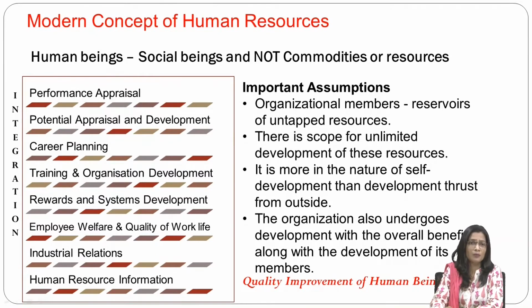So these are some of the systems of the organization that exist. In modern human resources, none of these works in isolation. There is a total integration of all these concepts and practices.